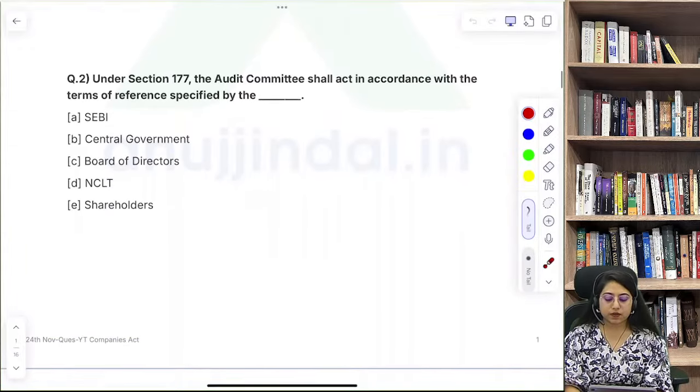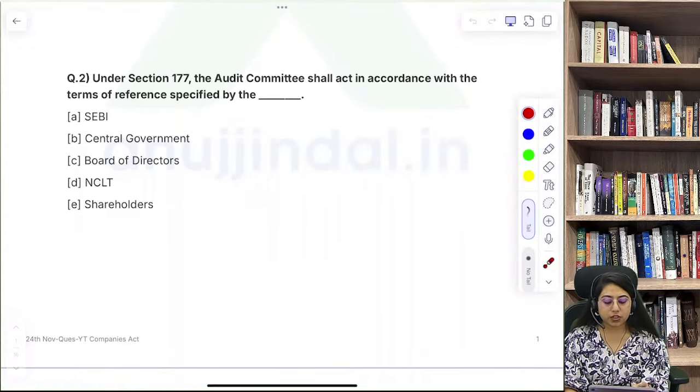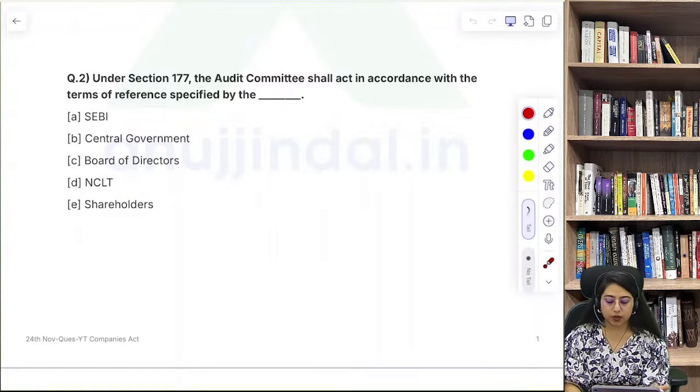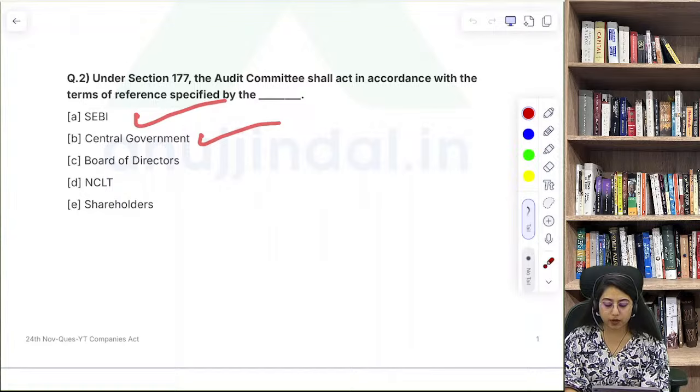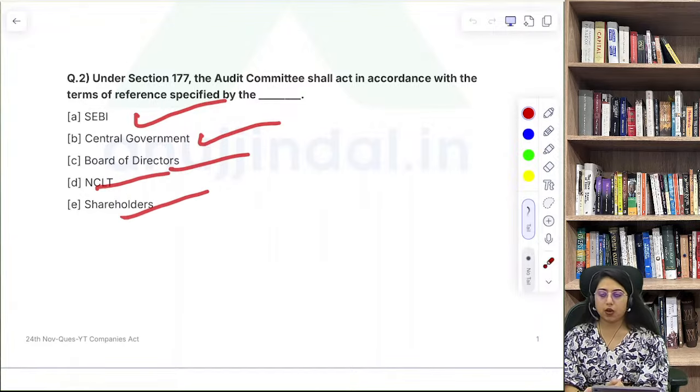Question number 2. Under Section 177, the audit committee shall act in accordance with the terms of reference specified by whom? SEBI, central government, board of directors, NCLT, or shareholders.